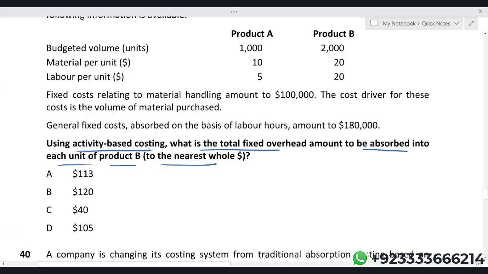So basically, you just need to calculate fixed overhead per unit for product B by using ABC. Let's try.